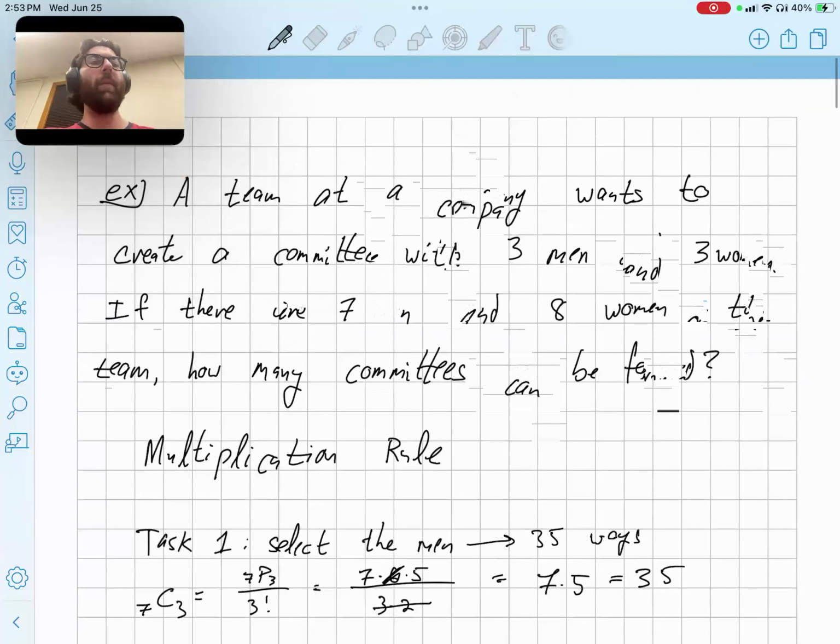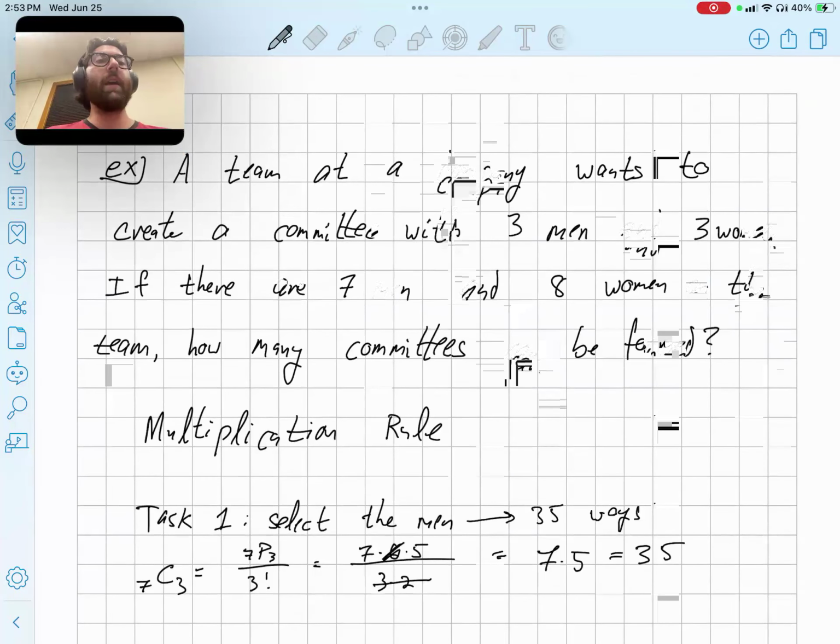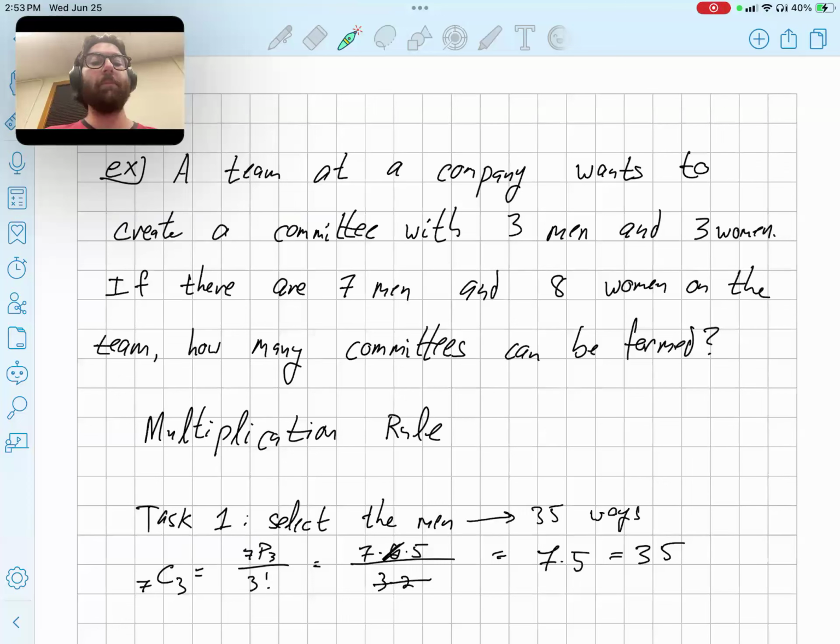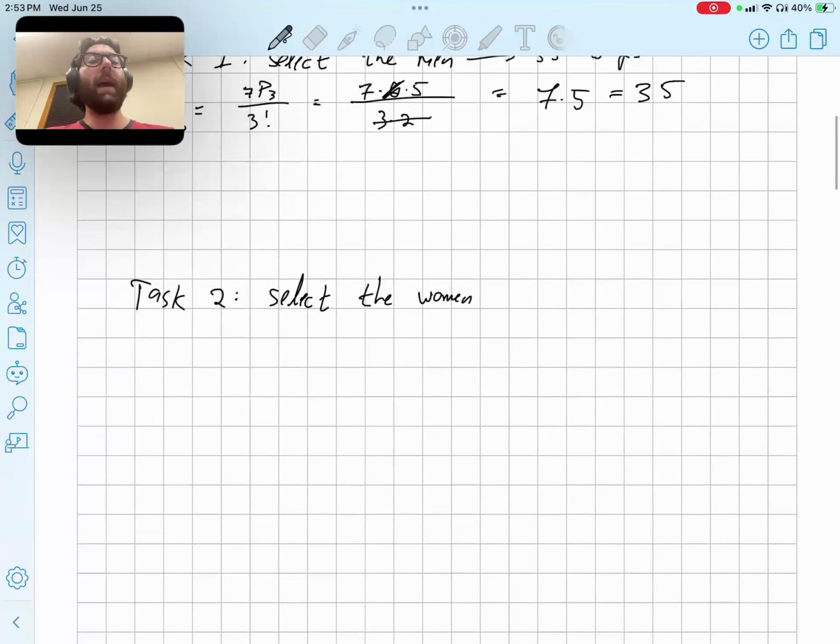Now, selecting the women is the same thing. We have to do the permutations and combinations. So if there's 8 women on the team, we want to select 3 of them. And so the number of ways to do that is choosing 3 things from a set of 8 things with no ordering.